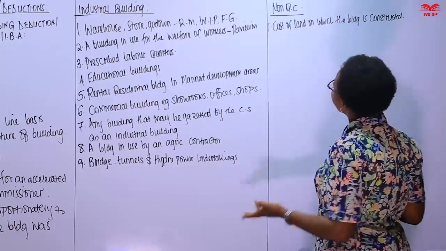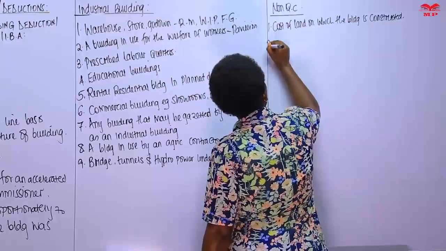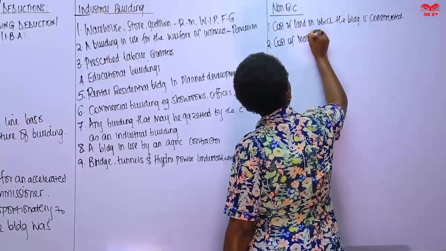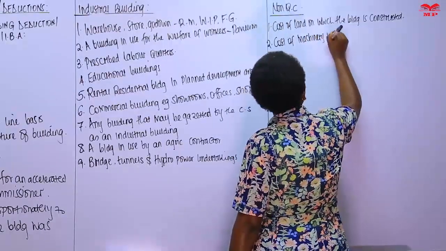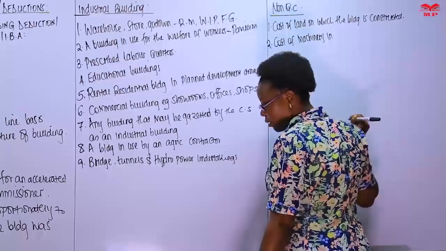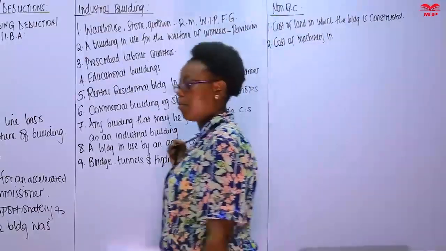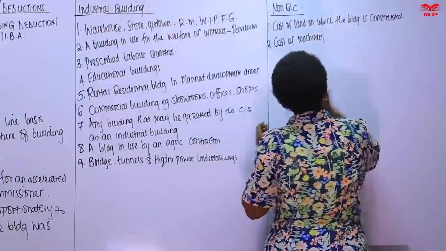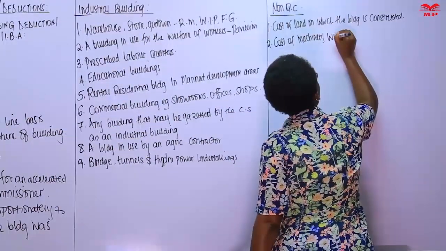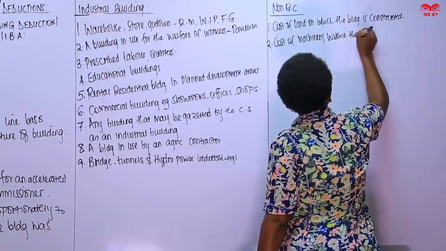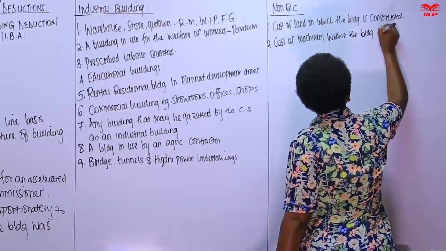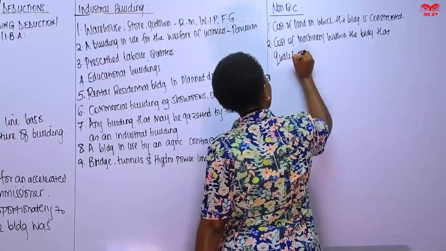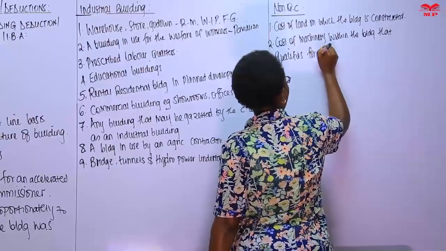So cost of land, then cost of machinery within the building that qualifies for wear and tear.